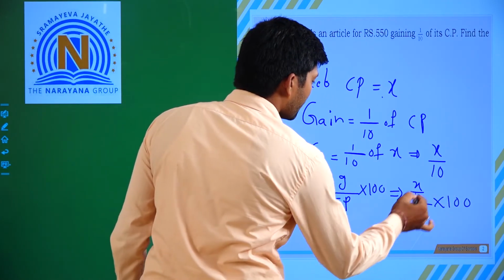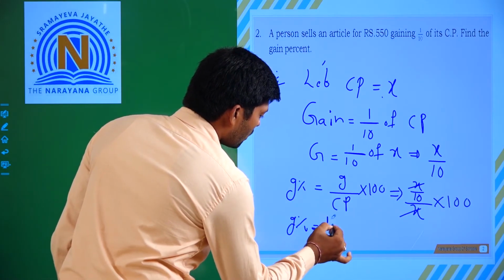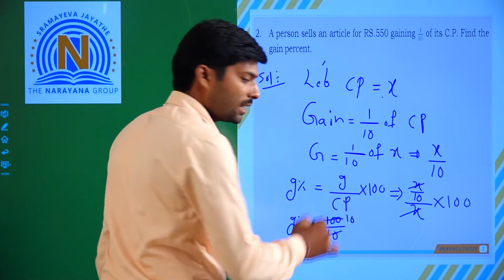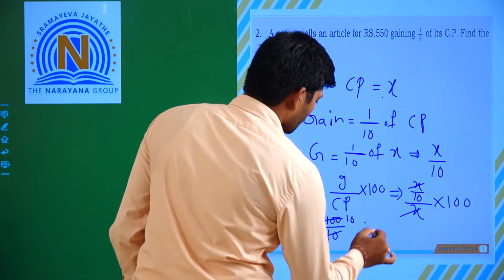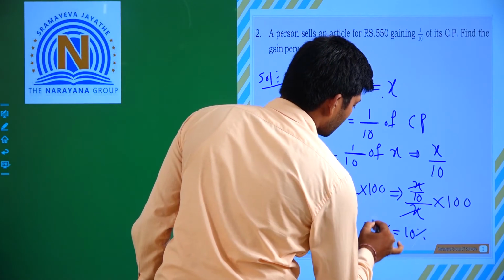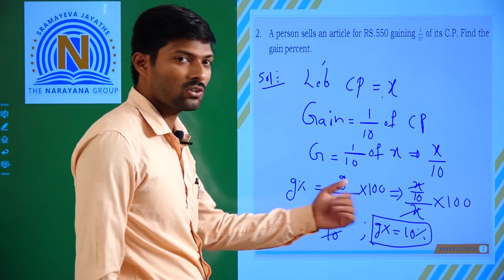So here x and x will get cancelled. So the gain percentage is equal to 100 upon 10. It is exactly divisible by 10, so the gain percentage is exactly 10 percent. So let's go for the next question.